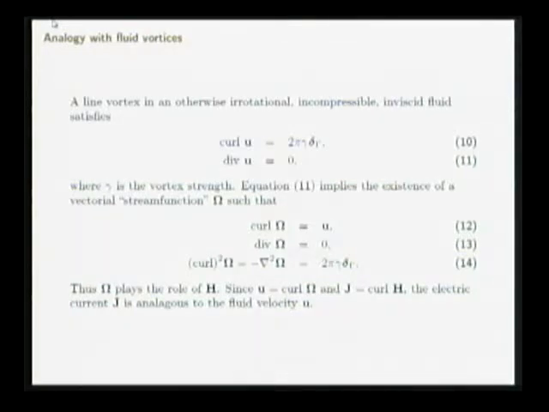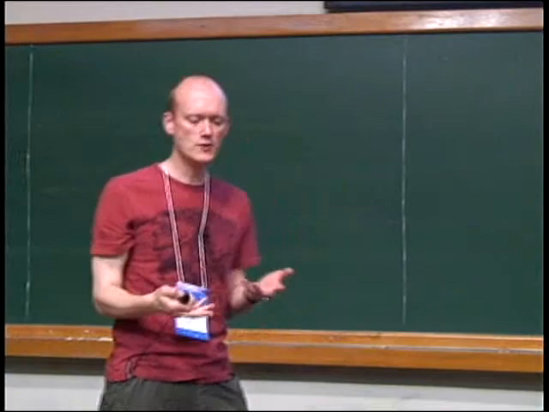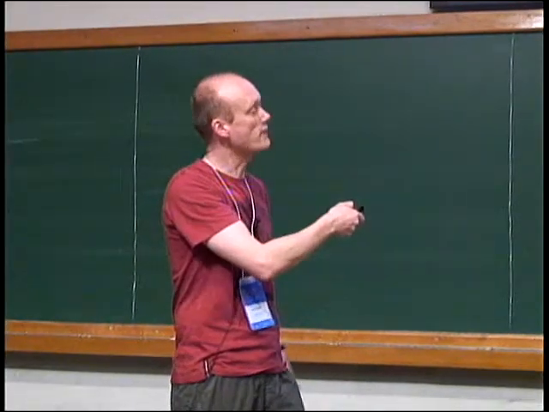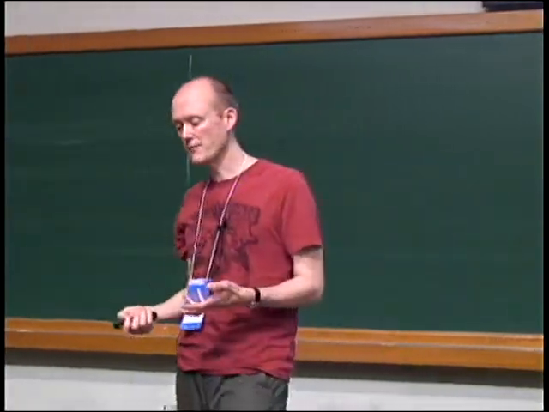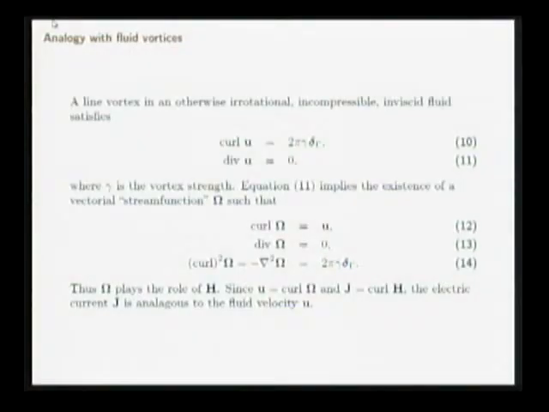And because I chose divergence of omega to be 0, I can always write curl curl as minus Laplacian. So in terms of omega, the equation of a filament is just minus the Laplacian of omega equal to this same 2 pi gamma times this vectorial delta function. So you can see, exactly as in 2 dimensions, I've now got a vector stream function and a vector magnetic field, but they play the same role in the equation.